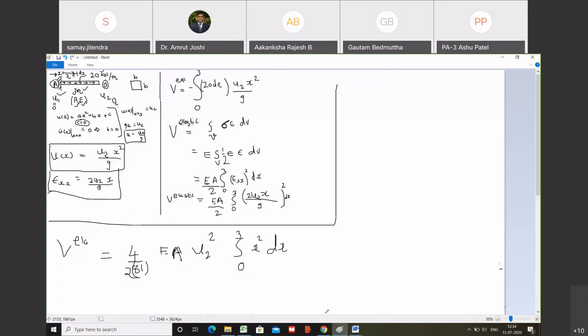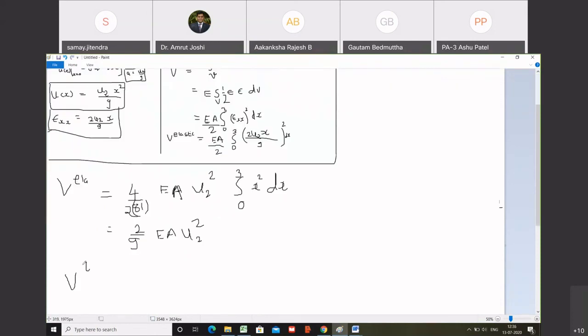Then this 4 by 2 into 81 into this integration. Tell me the value of the constant. What does it turn out to be? 2 by 9. That's all, 2 by 9 EA u2 square.